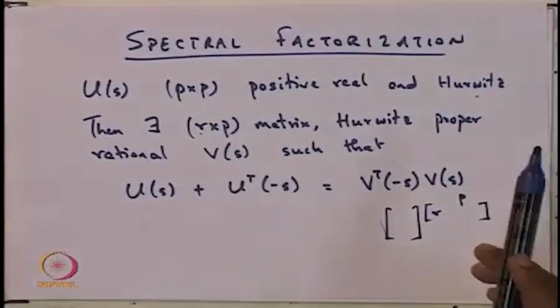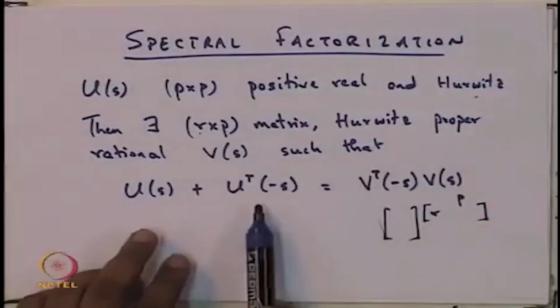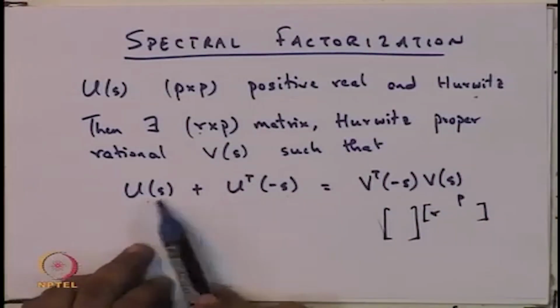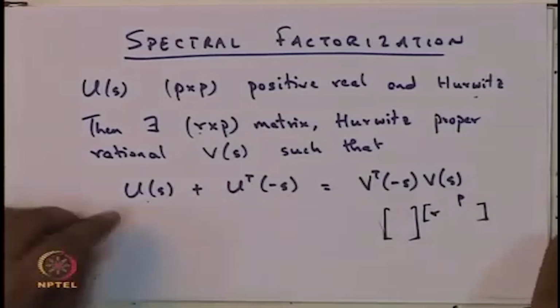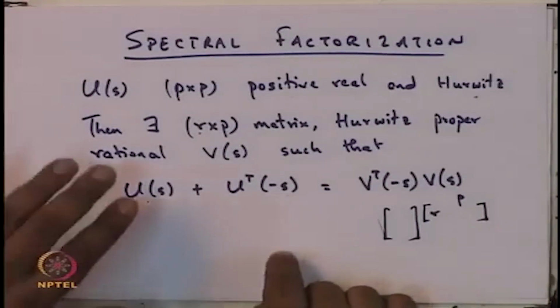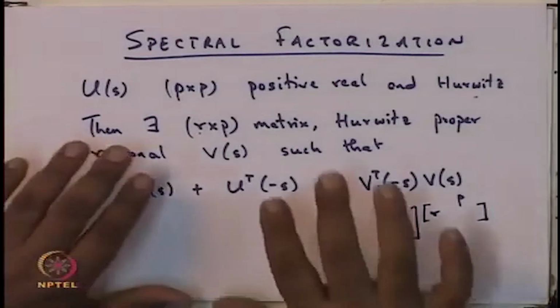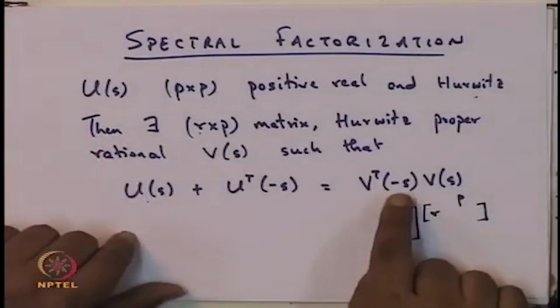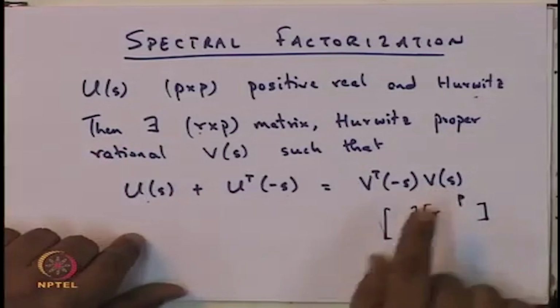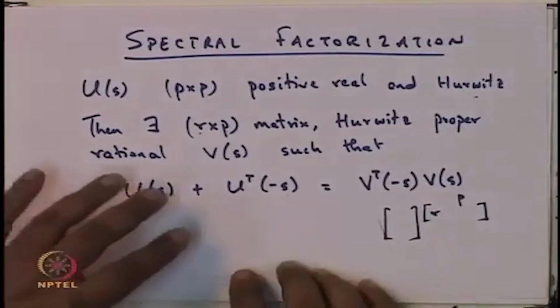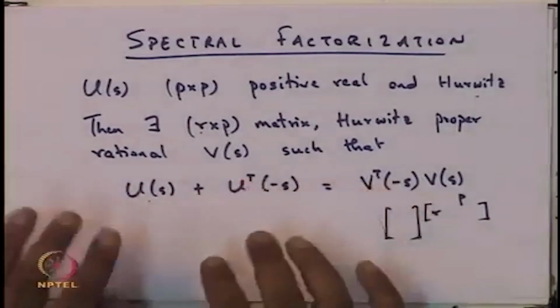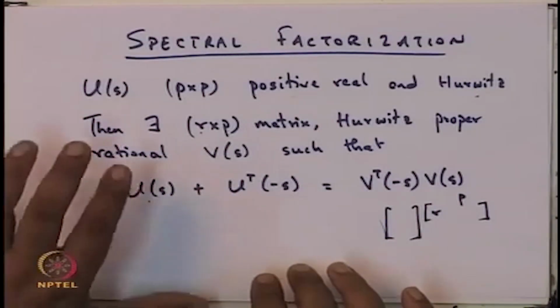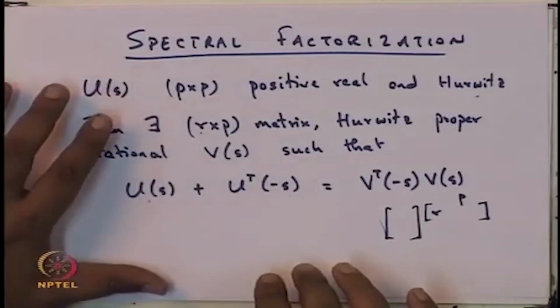So what would happen is that this sum will have roots which are on the left half plane and roots which are on the right half plane, and then V transpose of minus s times V(s) is constructed by using, in this sum, all the roots which are in the left half plane.